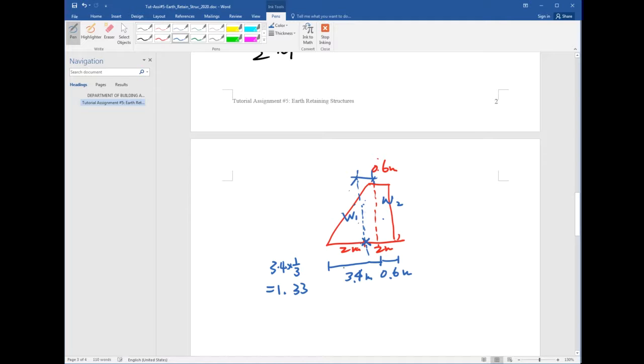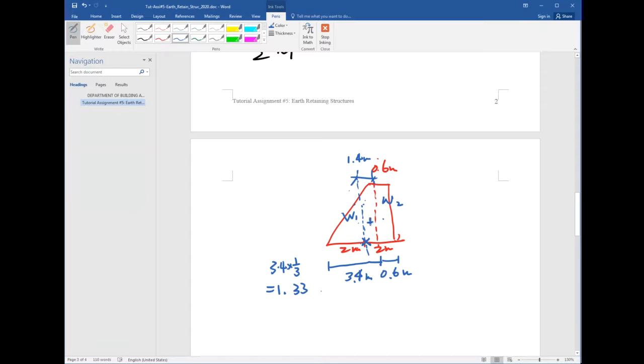It's equal to 3.4 minus 2, right? This would be 1.4 meters. In other words, the centroid is somewhere here, right?